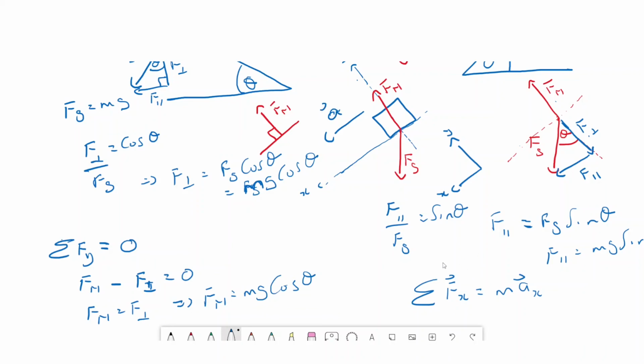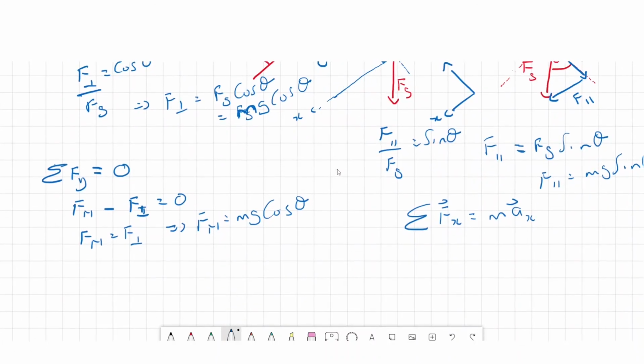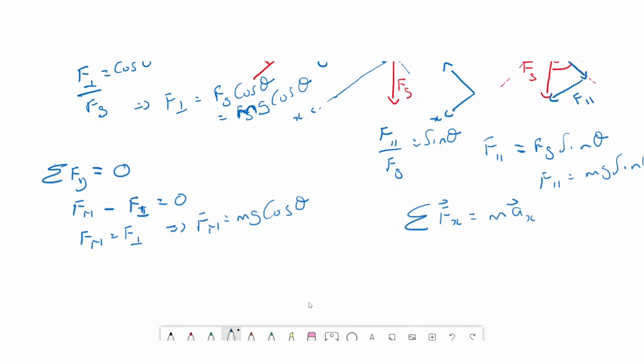Since the box will be moving down, the only force in the x direction is F parallel, the only force going down. That one is positive because I have chosen anything going down as positive. So this force is positive, and this is m a x.